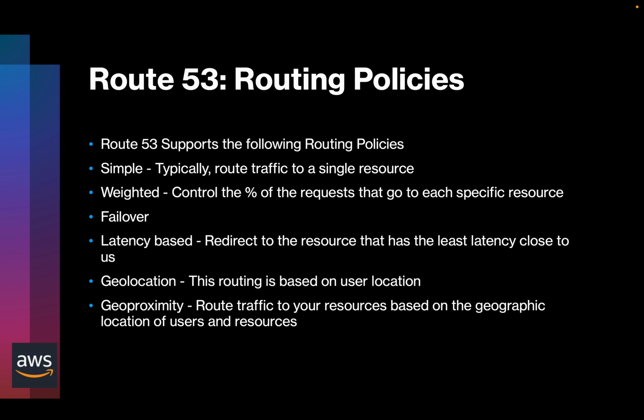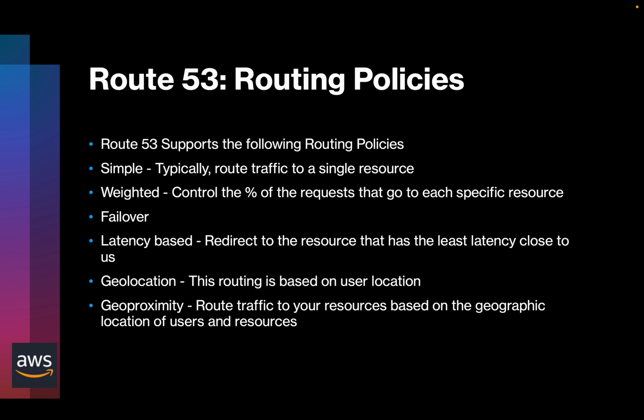Weighted routing policy controls the percentage of requests that go to each specific resource. Let's say I have 8 EC2 instances, then this will distribute the traffic to those instances based upon the request.